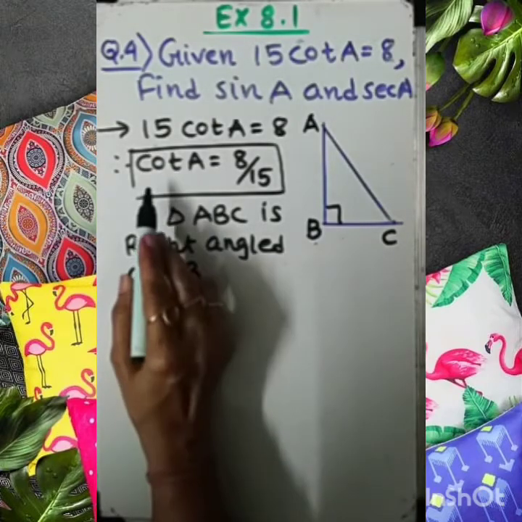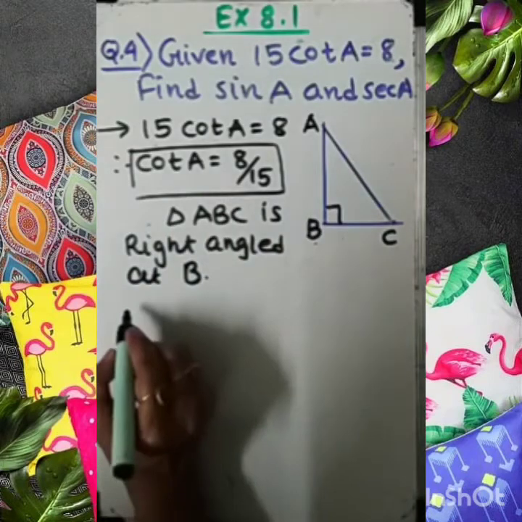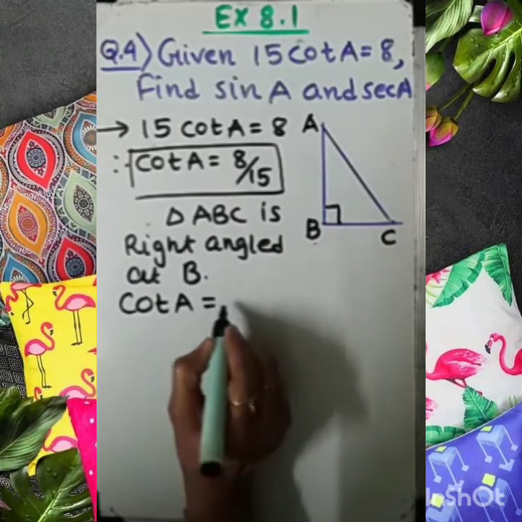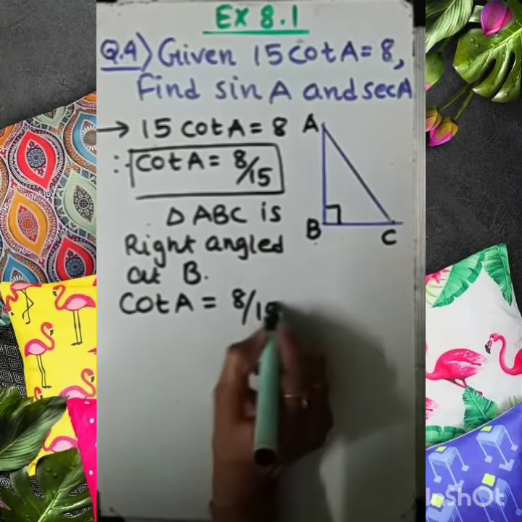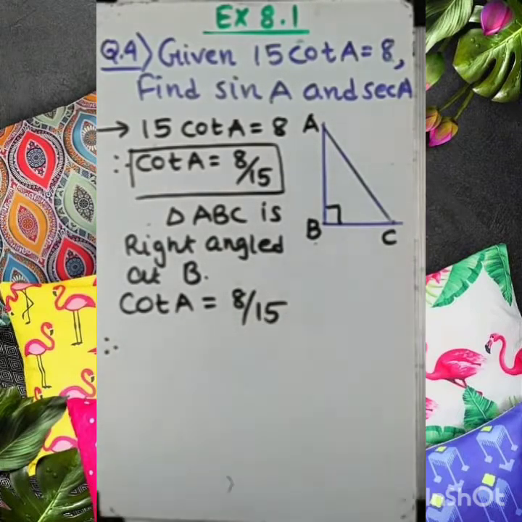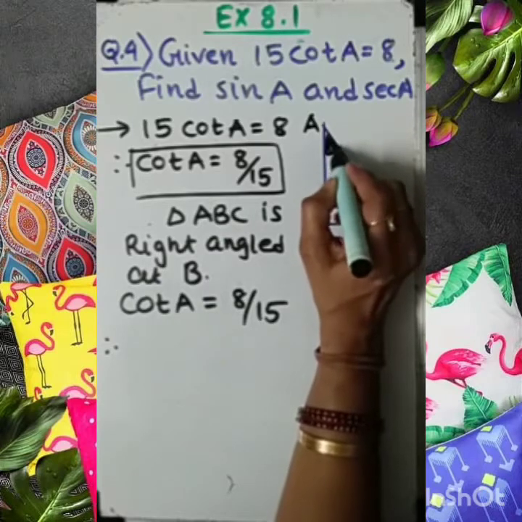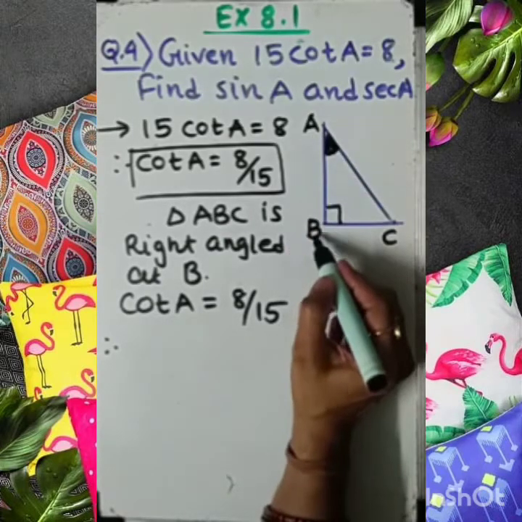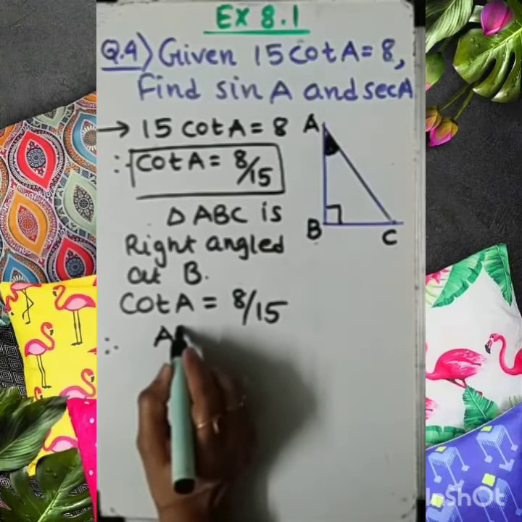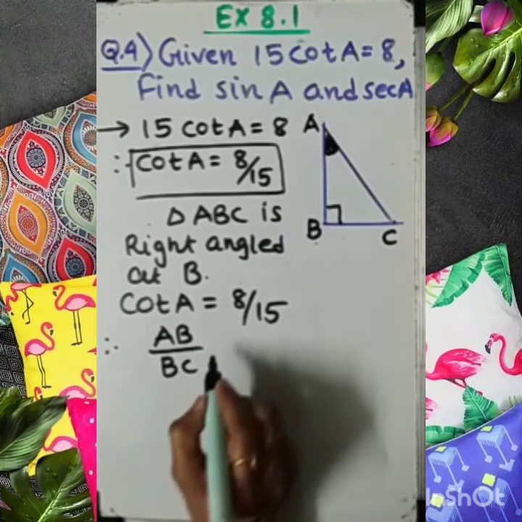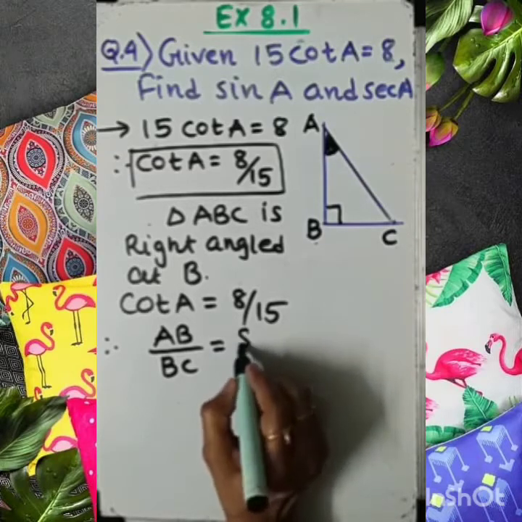Now let's focus on what we are given. Dear student, you know very well we are given cot A. Cot means, always remember, base upon perpendicular. As we are considering A as the angle, the base will be AB. Cot A, in that AB will be the base and BC is the perpendicular. That is 8 by 15.